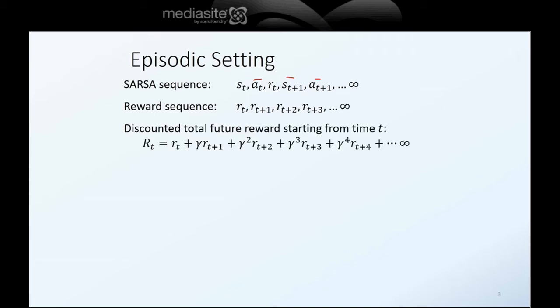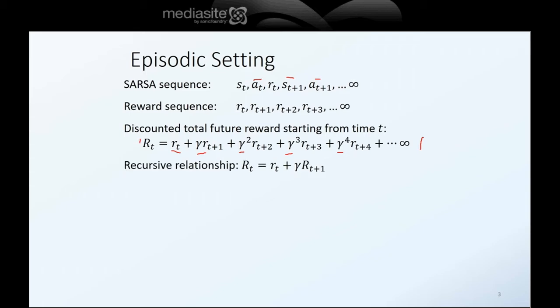So the discounted total future reward starting from time t is uppercase R_t, which is equal to immediate reward, lowercase r_t, plus discounted future rewards. And we saw that the further away we go into the future, we discount more and more because of the uncertainty. So this is the expression for uppercase R_t.